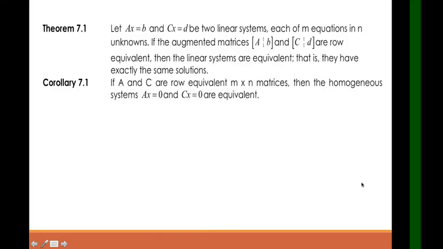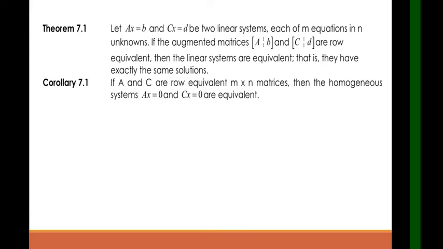Now, let AX equals B and CX equals D be two linear systems, each of M equations in N unknowns. If the augmented matrices A augmented to B and C augmented to D are row equivalent, then the linear systems are equivalent, that is, they have exactly the same solution.